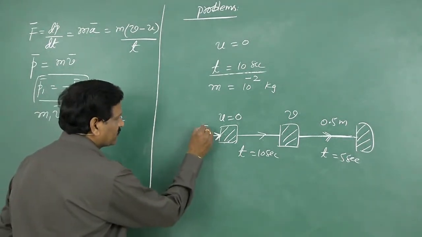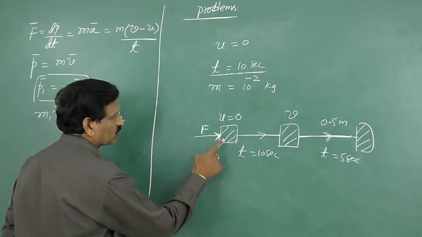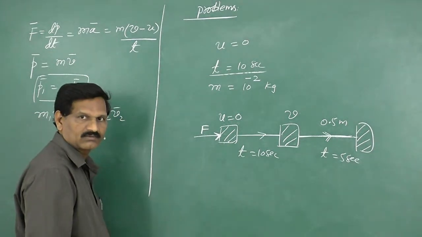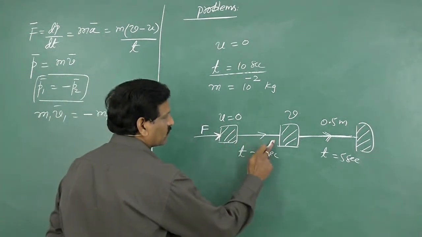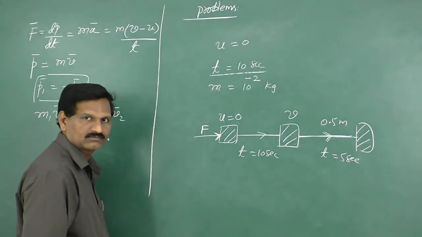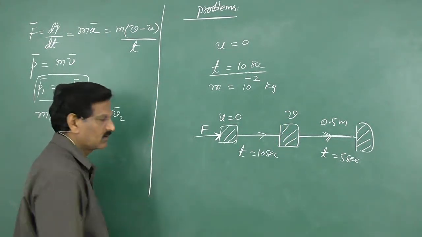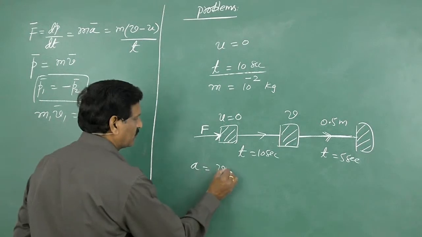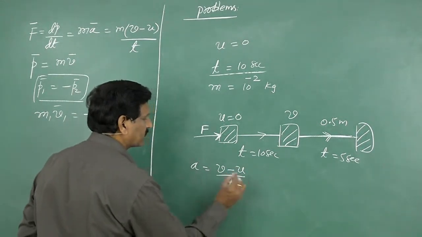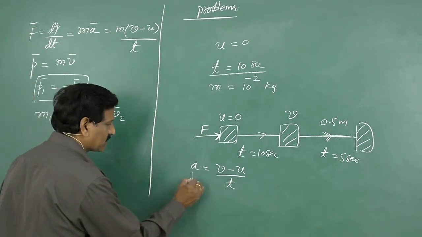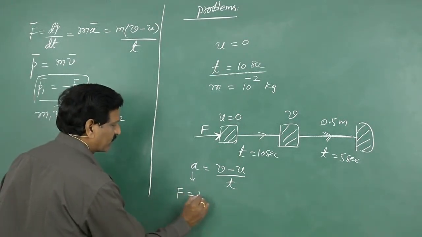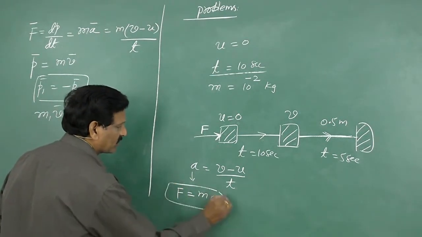To find the initial force, we must know the acceleration here. To find the acceleration, we must know the velocity here, because acceleration a is equal to (v minus u) by t. This is the expression for acceleration. If you know the acceleration, then you can calculate F. F is equal to ma.